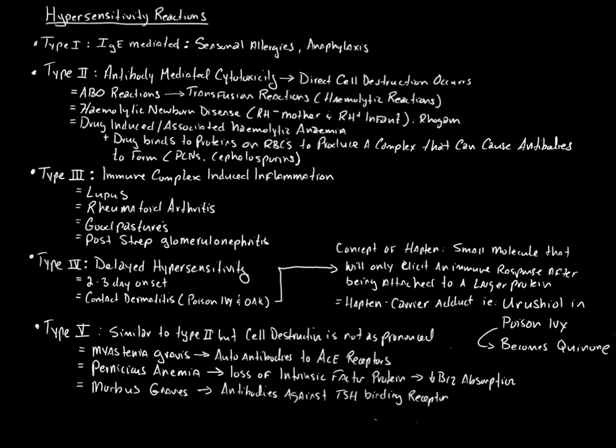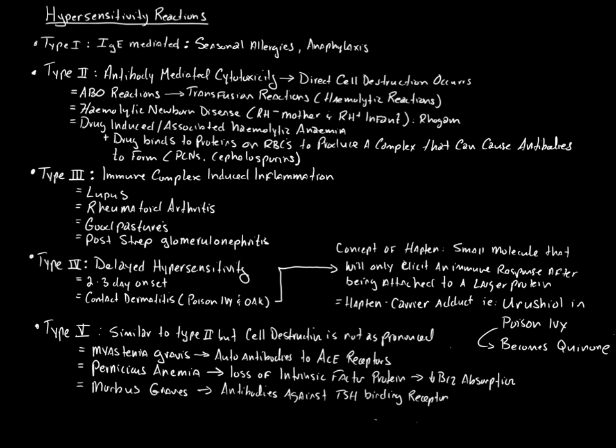Okay, finally, I want to end this lecture by talking about the different types of hypersensitivity reactions, and these make really great test questions. When we talk about hypersensitivity reactions, we have 5 general types, and these are immune-mediated and typically involve antibodies.